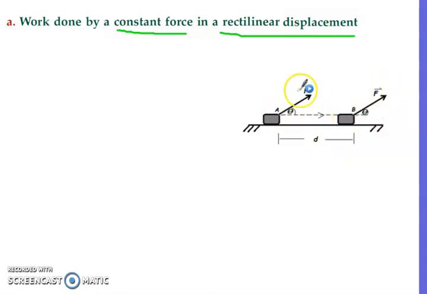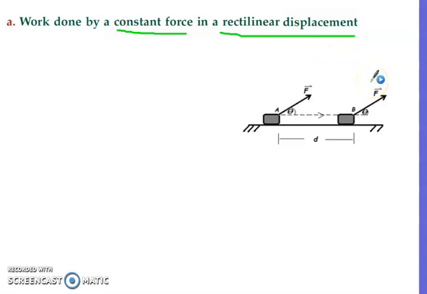But the force is constant here. Why? Because the length of the force remains constant and the direction also remains constant, since this angle theta is constant. The vector remains parallel to itself during motion. So this force is constant and the displacement is rectilinear.